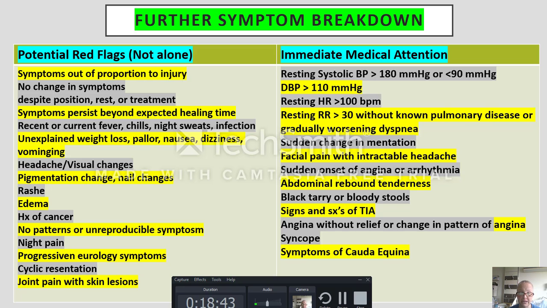Sudden change in mentation. Facial pain with intractable headache. Sudden onset of angina or erythema. Abdominal rebound tenderness. Black, tarry, or bloody stools. Signs and symptoms of a TIA. Angina without relief or change in pattern of angina. Syncope. And symptoms of cauda equina.